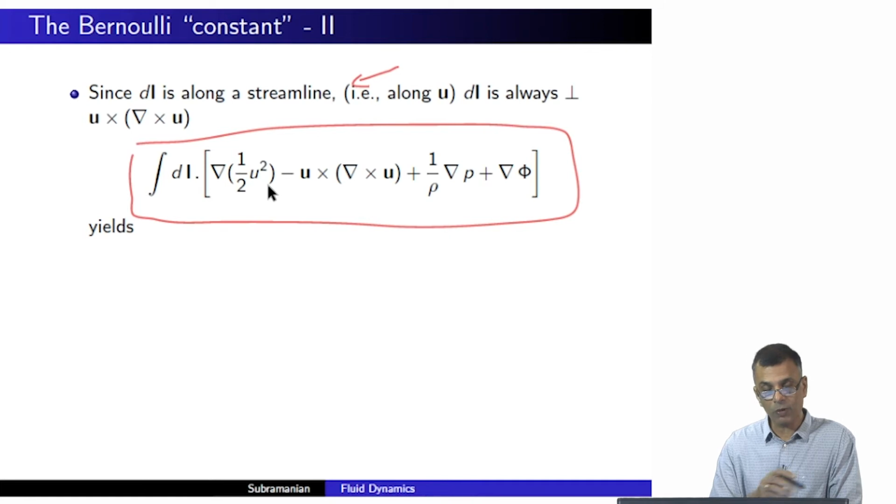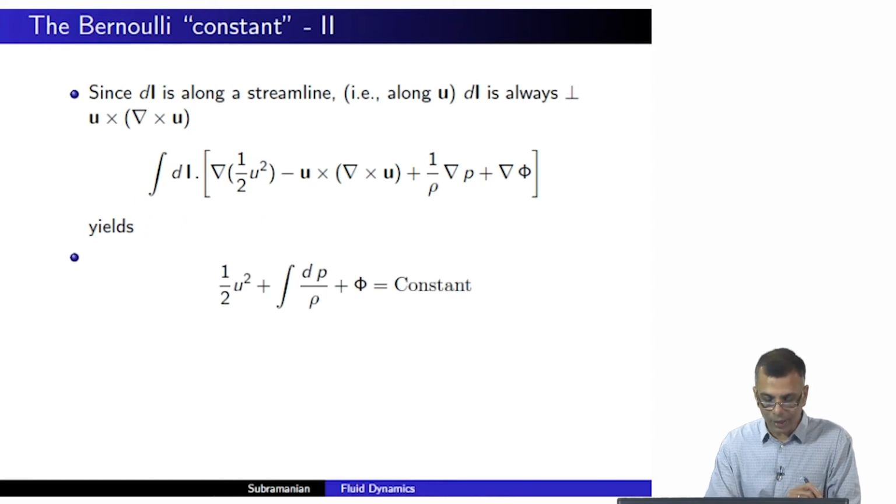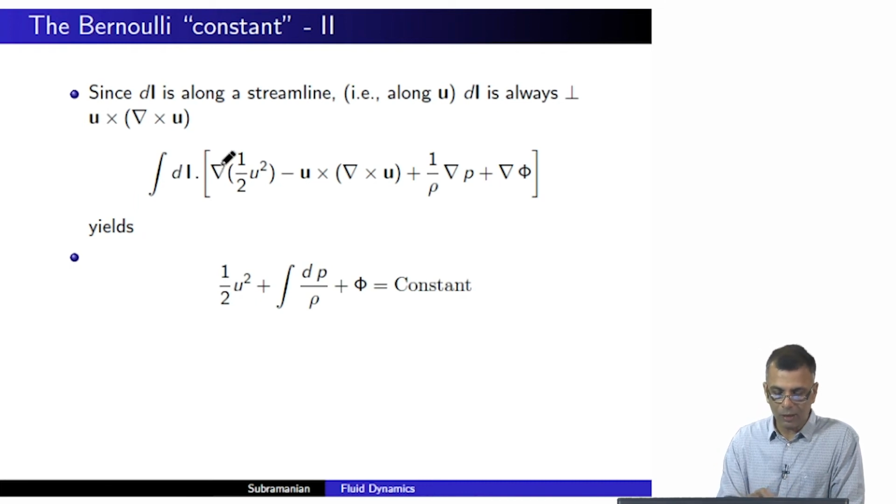So the dot product vanishes. Right. So once you integrate, you can throw the integration of this entire middle term away, gone, because of this property, and that yields dl dot gradient of half u squared.